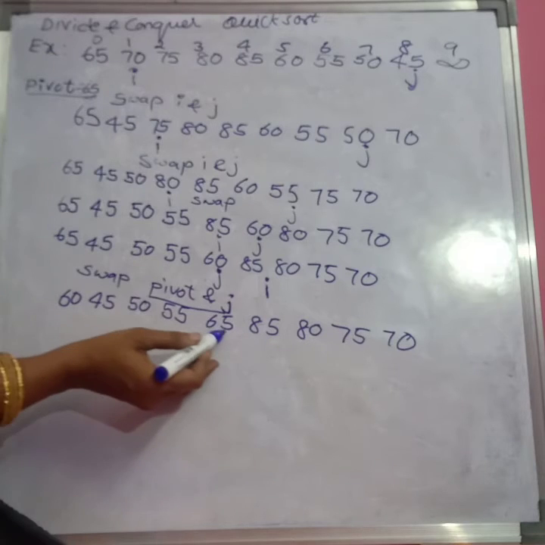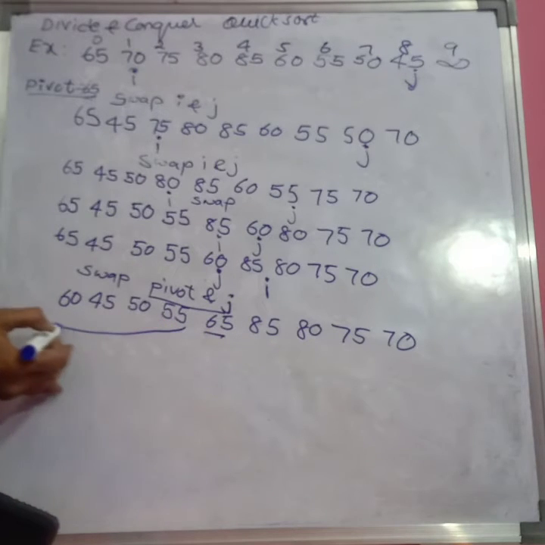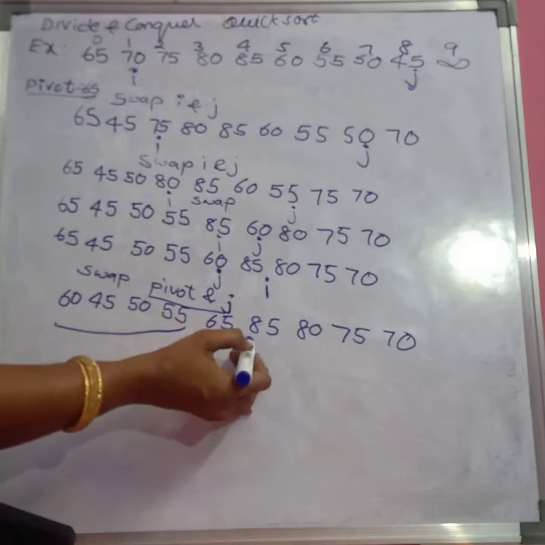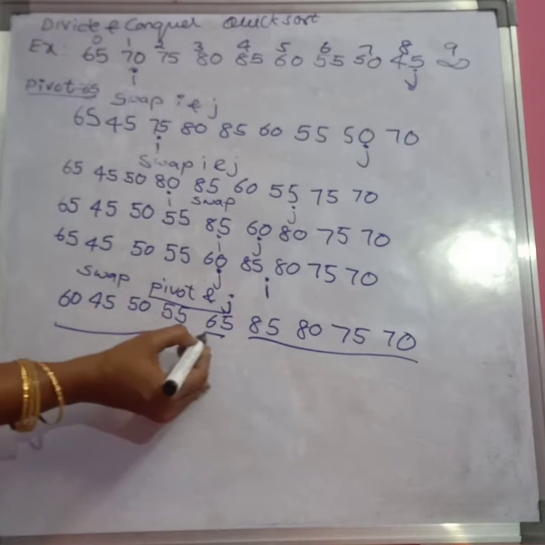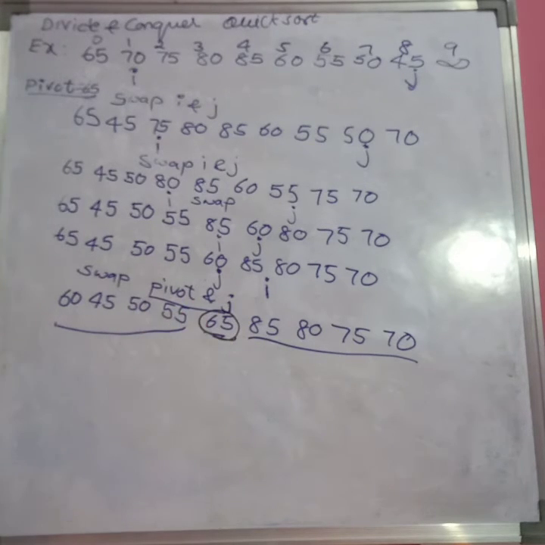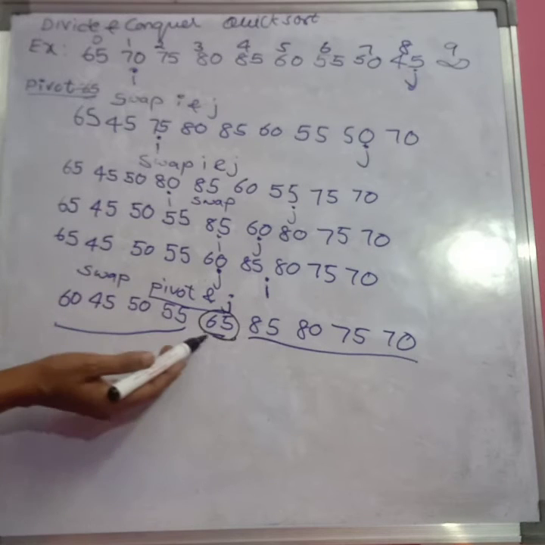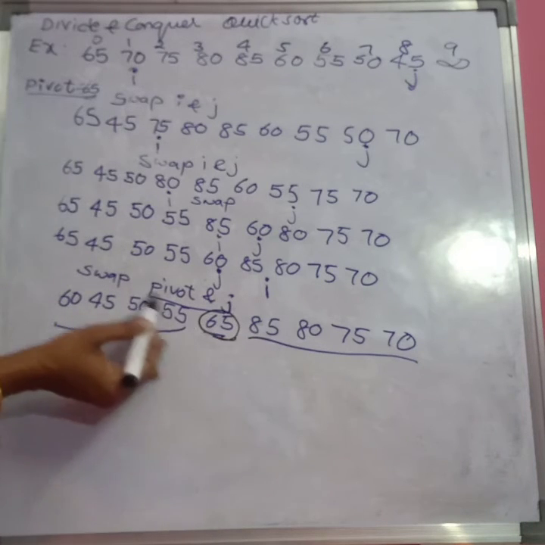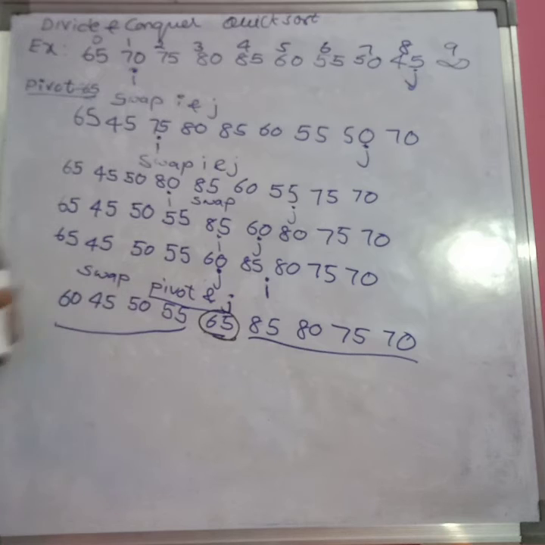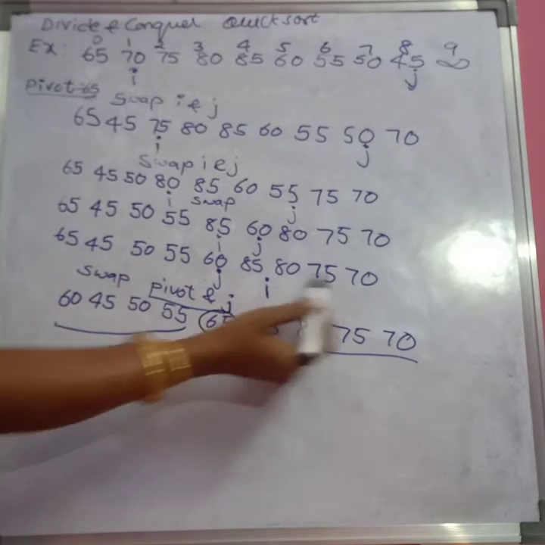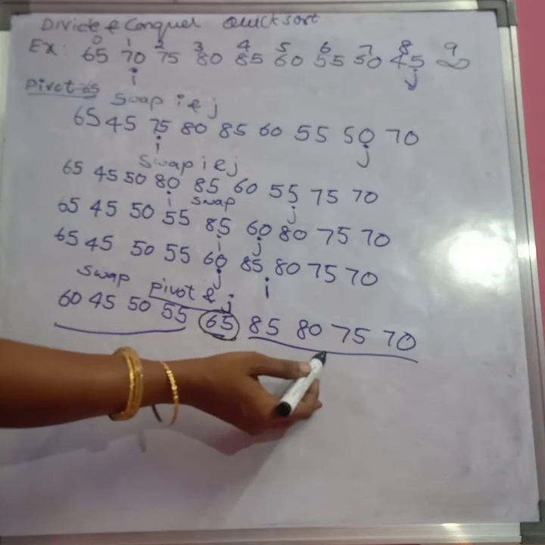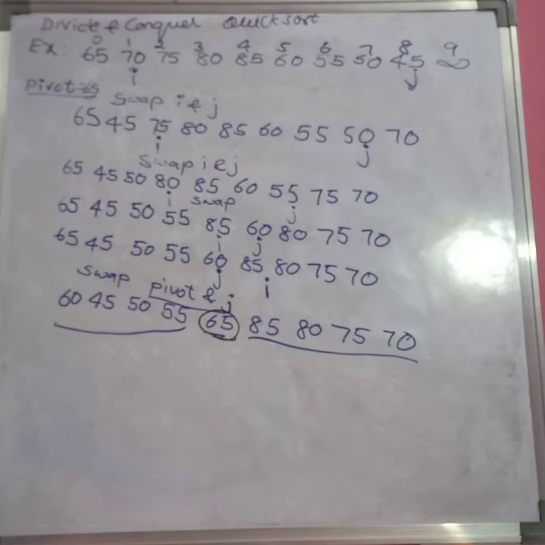Check here: 65, left hand side is all lesser values, right hand side the element values are greater. So the pivot element is now in its exact position in a sorted array, because all the elements on the left hand side have lesser values than the pivot element, and the elements on the right hand side have greater values than the pivot element.